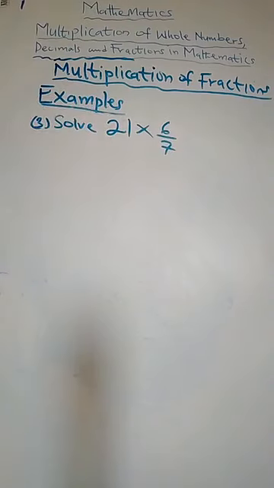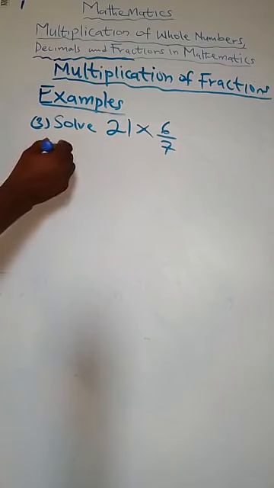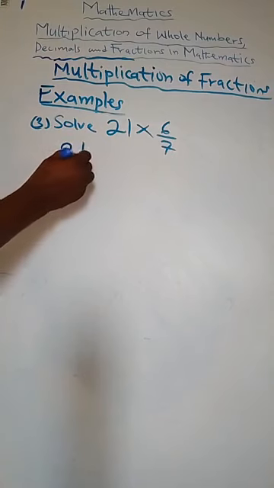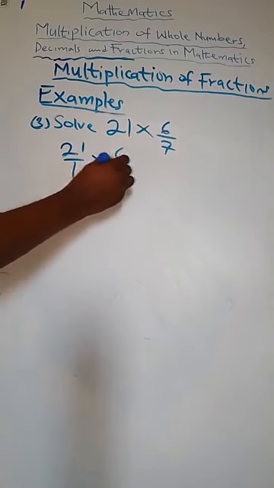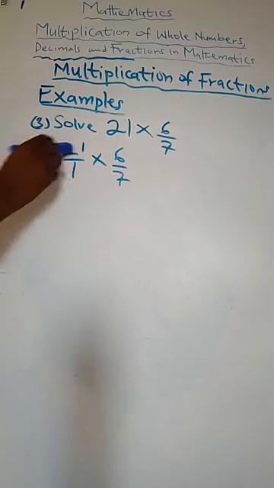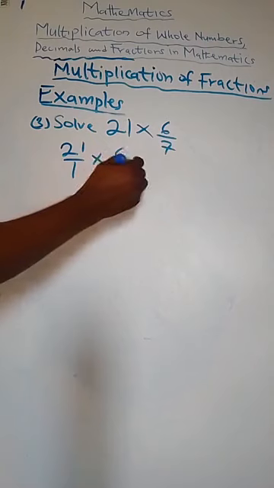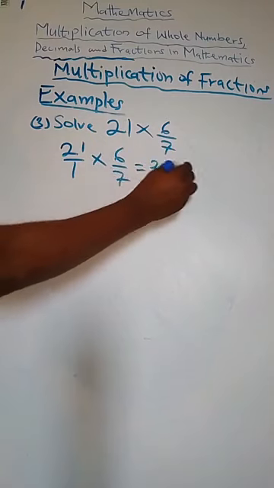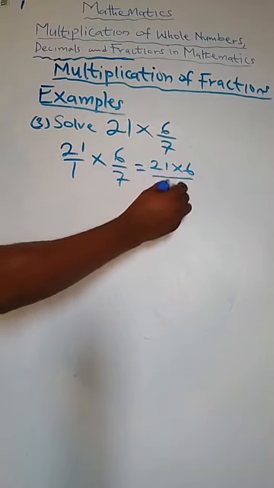In our previous video, I've explained how you can convert a whole number to a fraction, so you can go there and watch the video. So 21 will be the same thing as 21 over 1 times 6 over 7. So the next thing we do is to do numerator to numerator, denominator to denominator. So this will be 21 times 6 over 1 times 7.